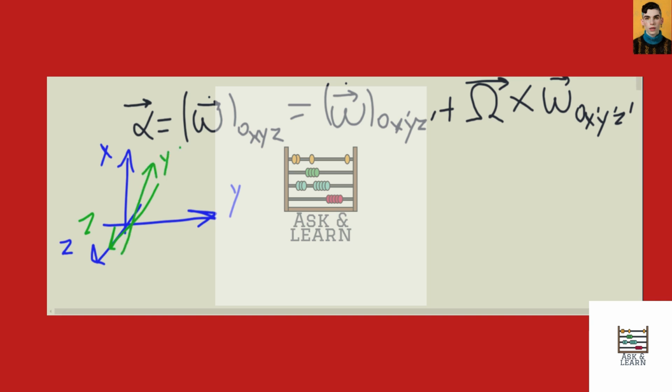Let's try like this, which is parallel to omega 1. And the x prime axis follows from this.